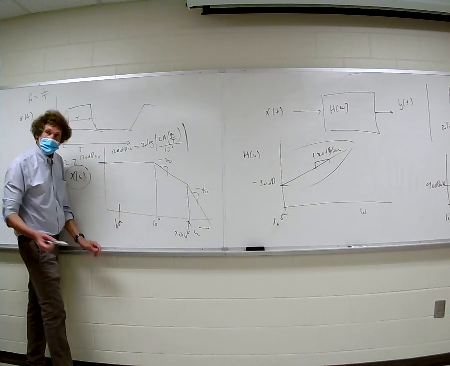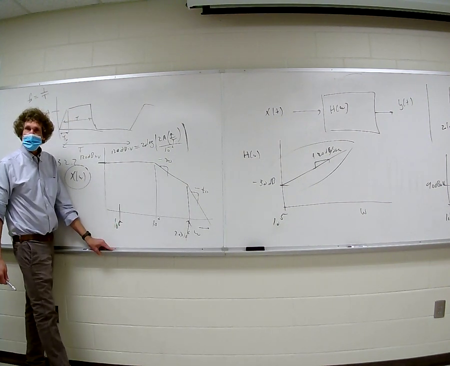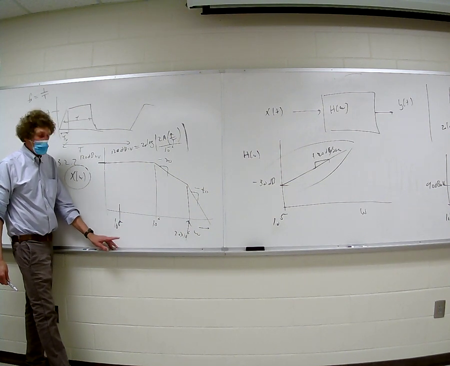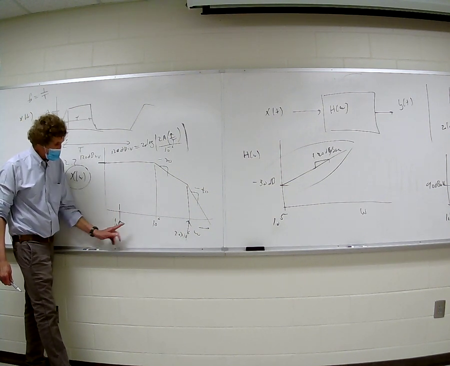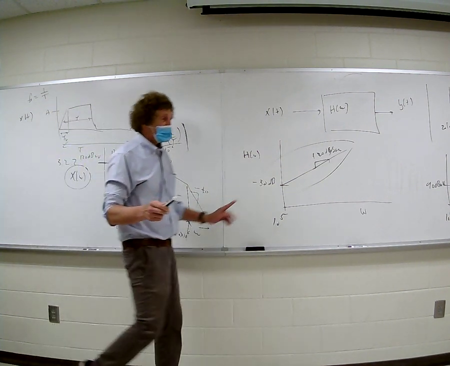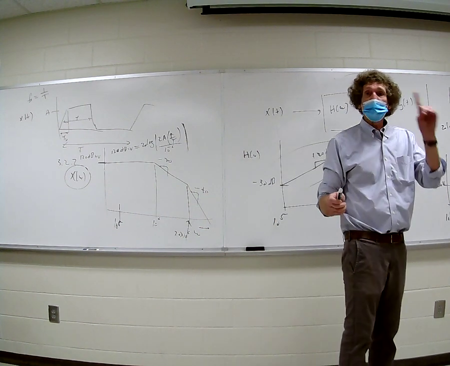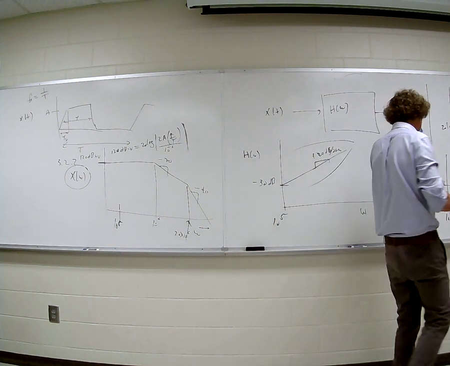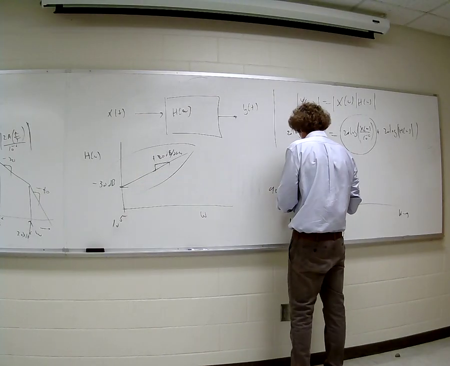Well, now just everybody look at this. Make sure you see this. Okay, you ready? From here to here, 10 to the 5th to 10 to the 6th, that's 1 decade. Agreed, everybody? A factor of 10. That means I'm going to go up by 20 dB, because 20 dB per decade is the slope of that line.